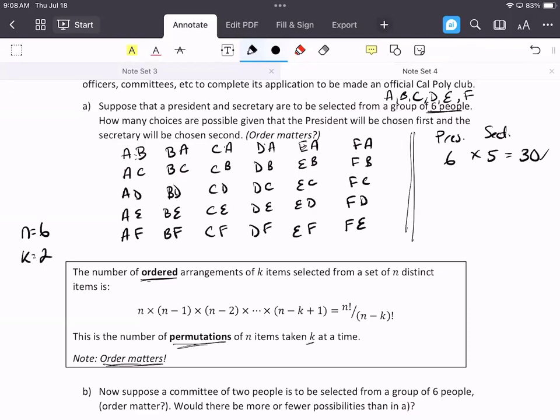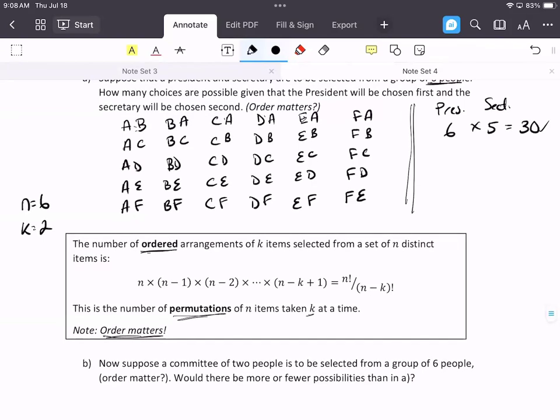Okay, cool. So I'm going to do that over here using the formula. So we have n factorial over n minus k, so 6 minus 2 factorial, and that gives me 6 factorial over 4 factorial. And you may say, well, what if I don't have a factorial button on my calculator?